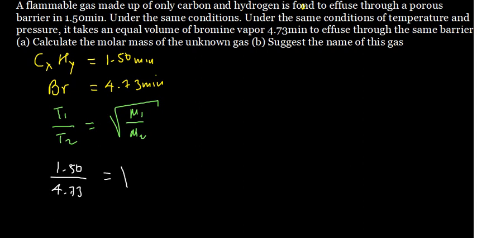That is going to be equal to the square root of m1, we don't know the molar mass of the first gas, divided by m2, the molar mass of bromine. What have we been given here? Bromine vapor. So if we check on our periodic table, bromine has a molar mass of 79.904.